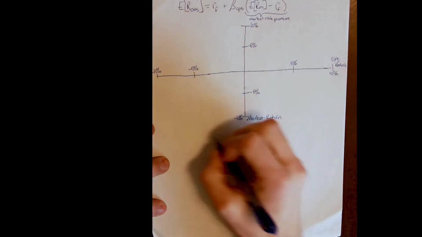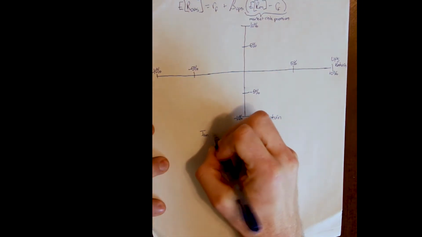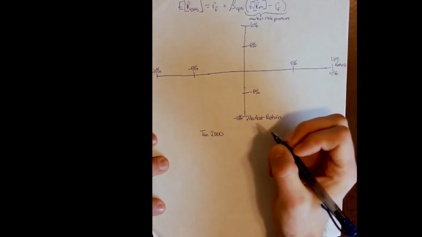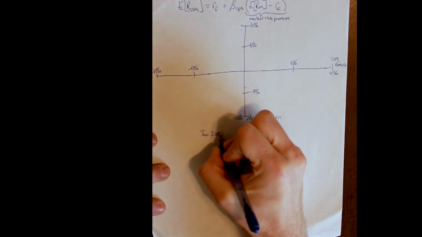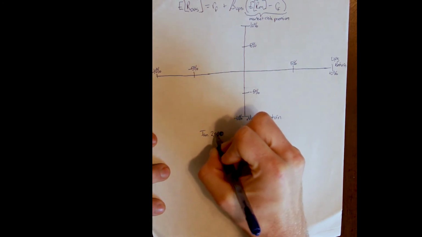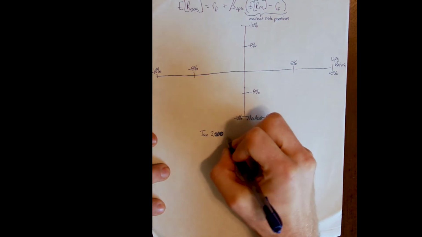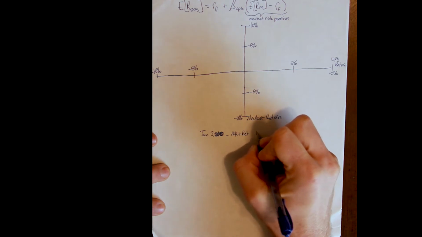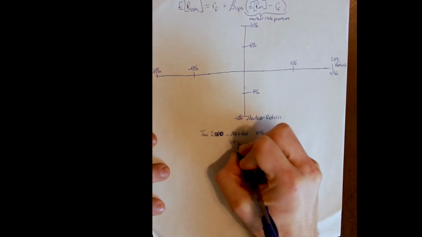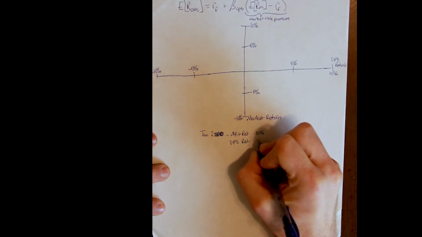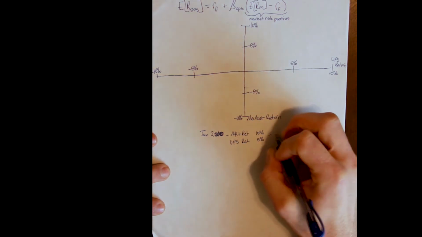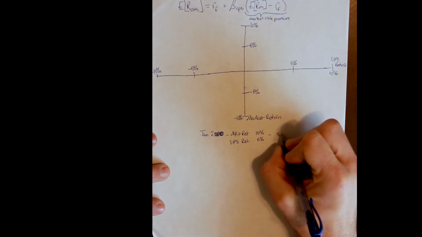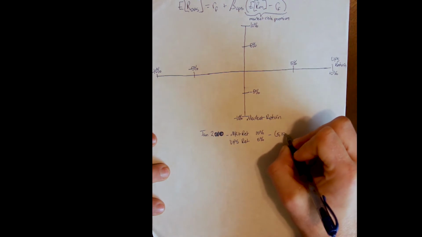So for instance, in January of 2010, the average market price return was 10%, and UPS's price return was 5%. So I'm going to make that a coordinate, where the x is UPS return, 5, and the y is the market return.